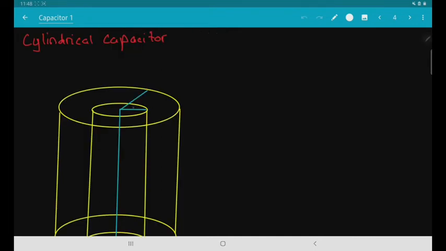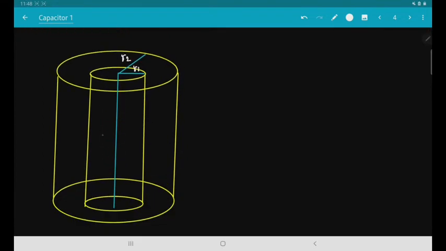Again let us consider this inner cylinder to be of radius R1 and the outer cylinder be of radius R2. Let L be the length of that cylinder. Again we will consider a point in between the cylinders and apply the Gauss law at that point. So let us consider this Gaussian surface here. It will be also cylindrical.